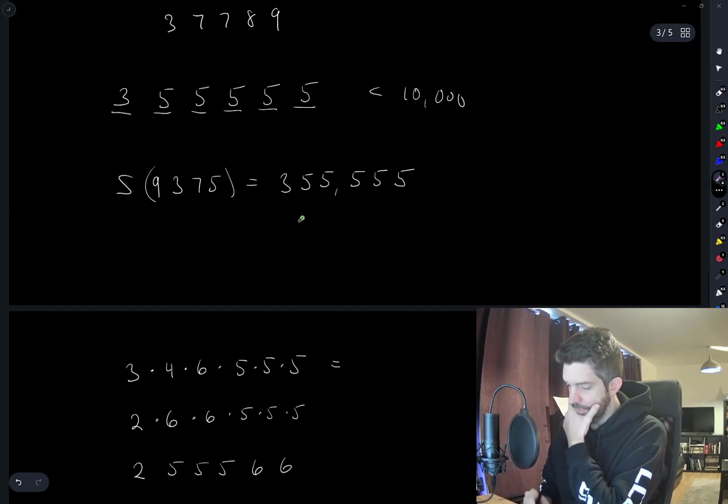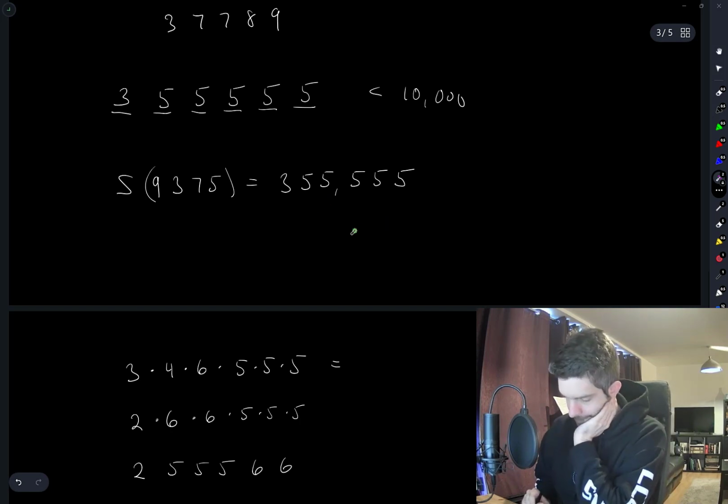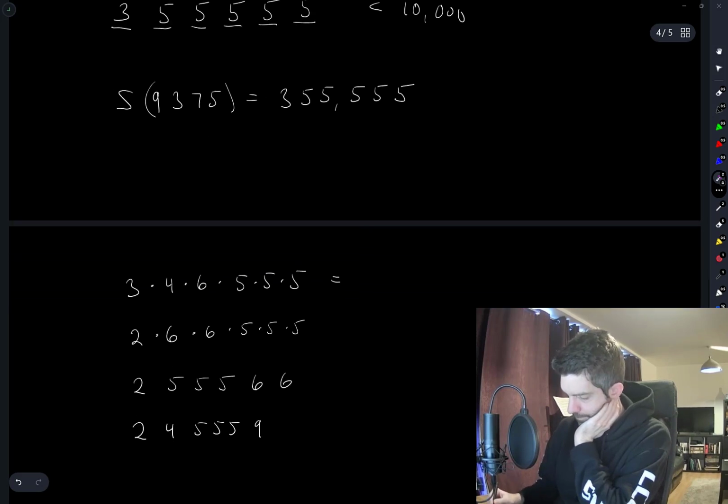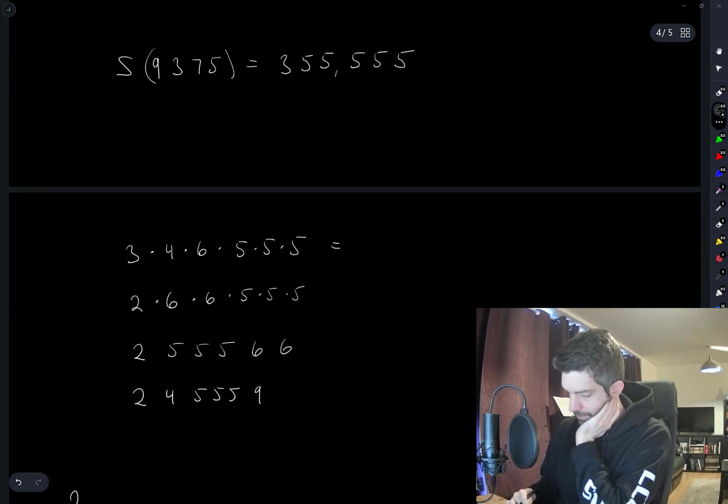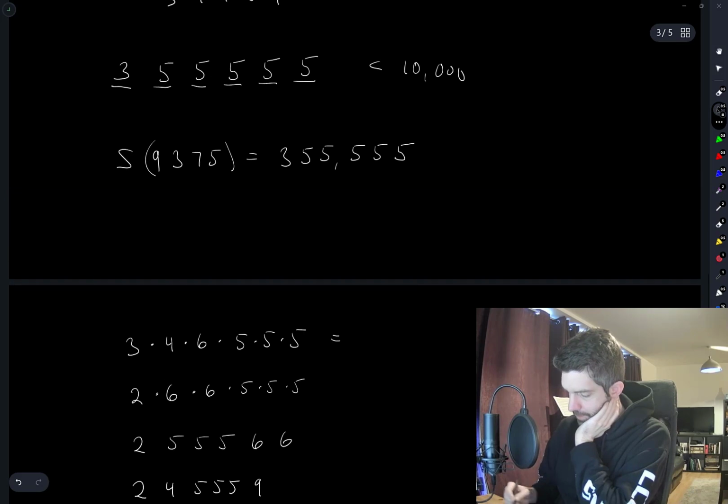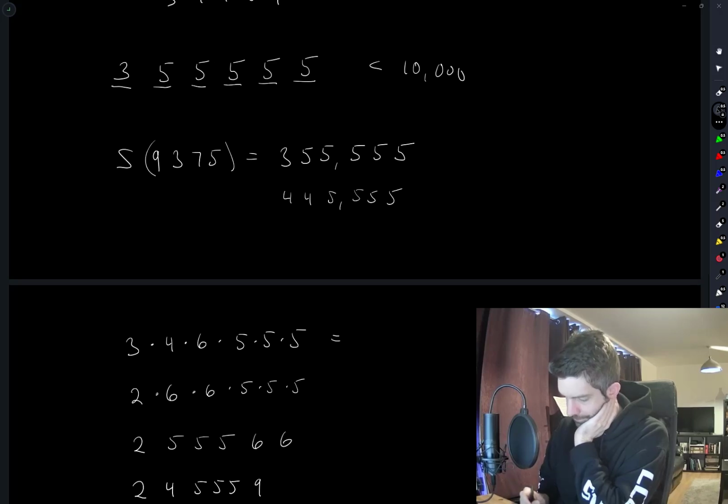Okay, so I have a 6-digit number, which is a legal output. Product is less than 10,000. What if I replace a 3 and a 5 with a 4 and a 4? Well, but 4 and 4 is the same as 2 and 8.